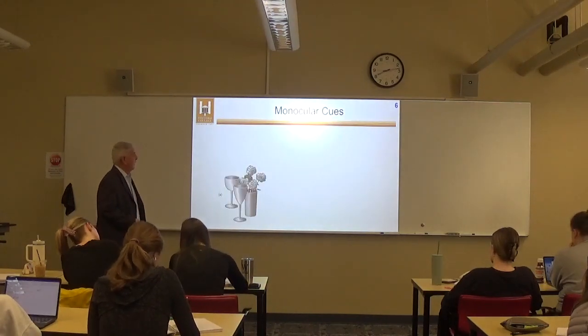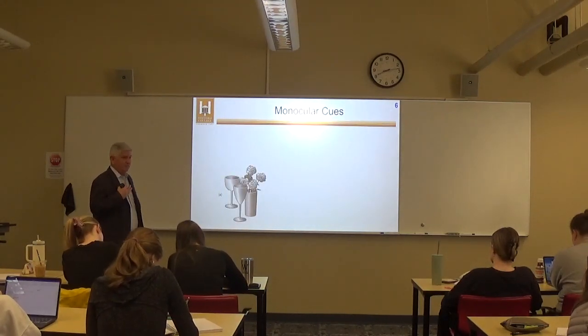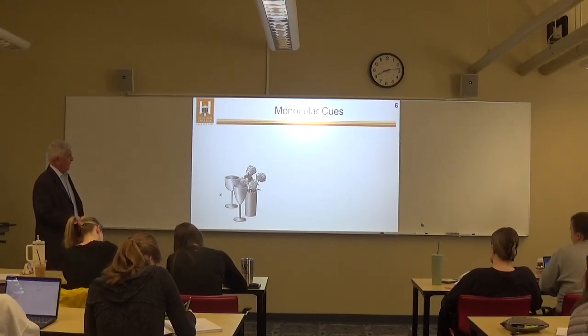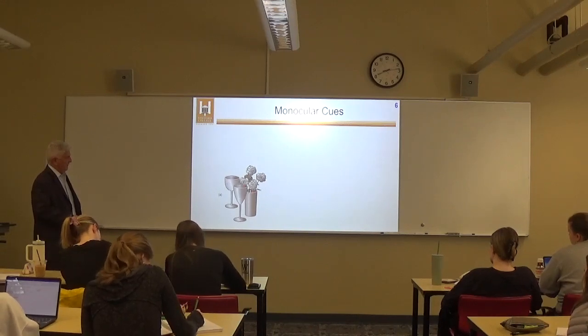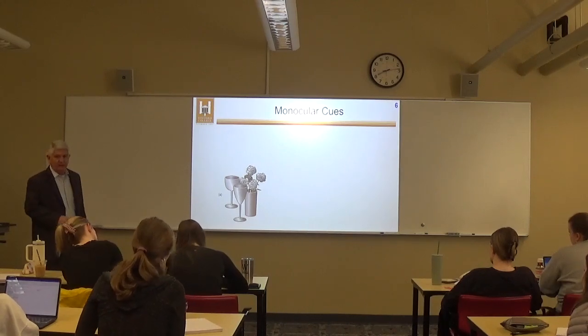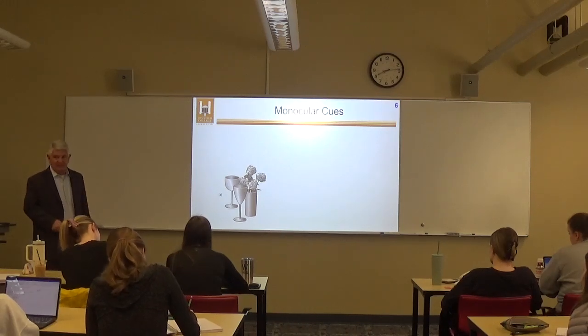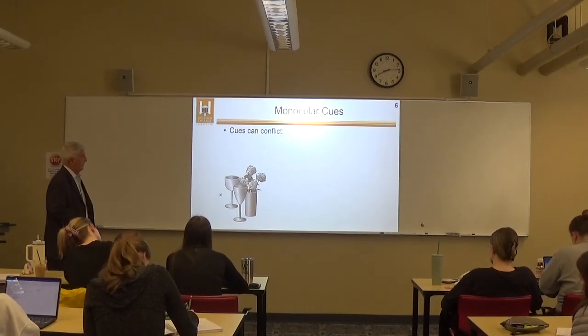All right. Again, all of these are monocular cues. Okay? If we look at this, right, we have the center object is closest, followed by the base, followed by this glass, right? And we have occlusion, and we have relative height telling us these things, right?